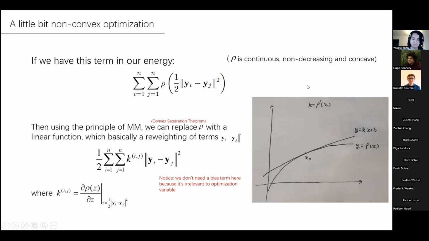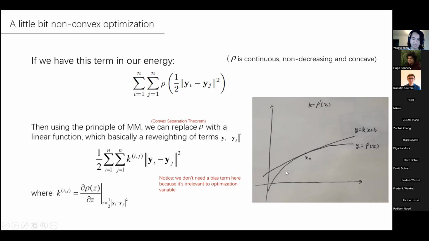Because rho has this property, we can show that a linear function, or an affine function, is always an upper bound of rho. It is shown in this figure. Consider this is the rho function. At each point x0, we can always find an affine function, basically a line, which is an upper bound and equals rho at this point.